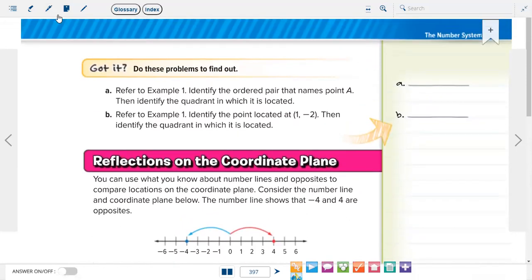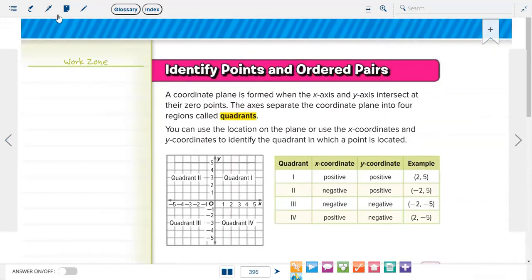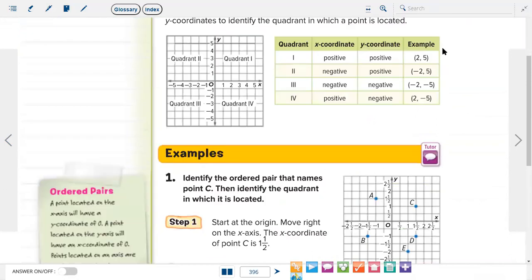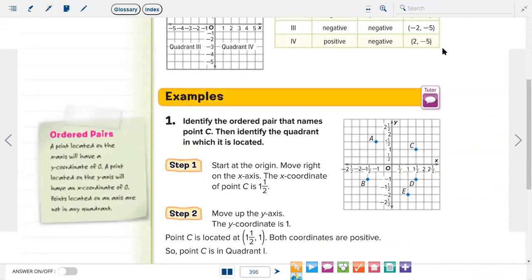Refer to example 1. Identify the ordered pair that names the point A. We need the point A. So let's go back and check on the point A. This is point A. As you can see, for the point A, we will move to the left till we reach negative 1, then we go up to 1.5.